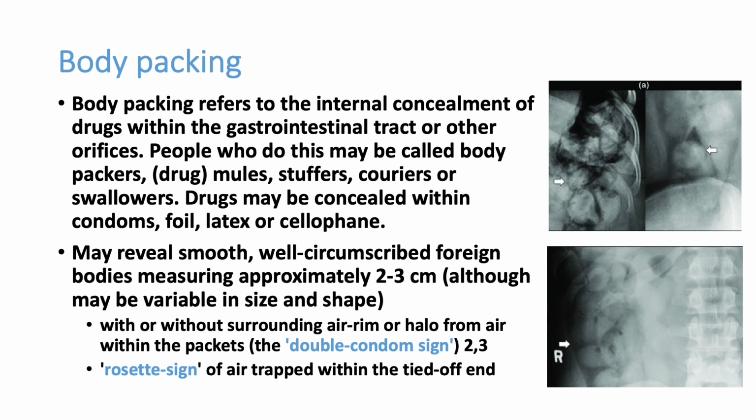So these are the two important findings, but when we see the X-ray, we can see some objects in the intestine, and patient will have abdominal pain or intestinal obstruction or constipation, something related to abdomen. So these are the common presentations in a toxicology case in emergency department.